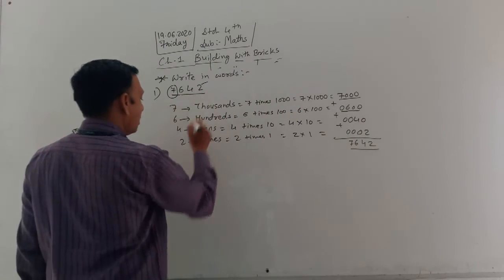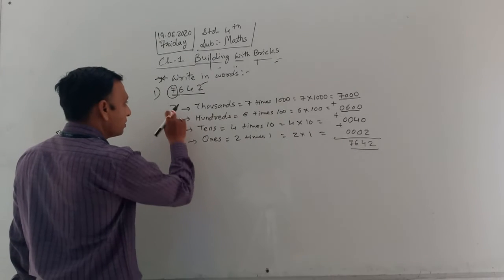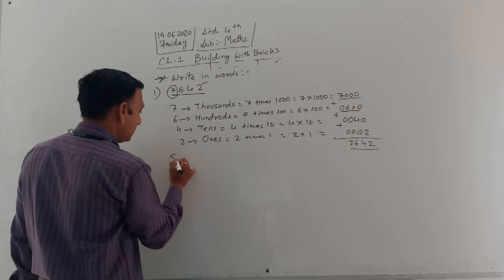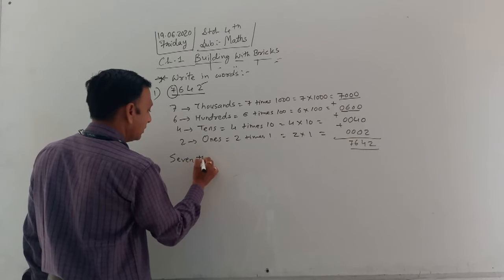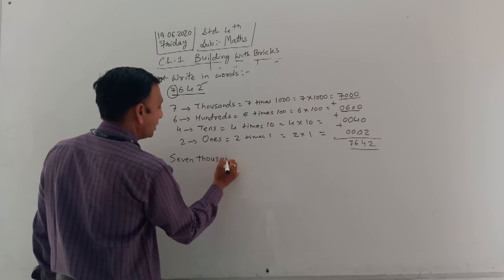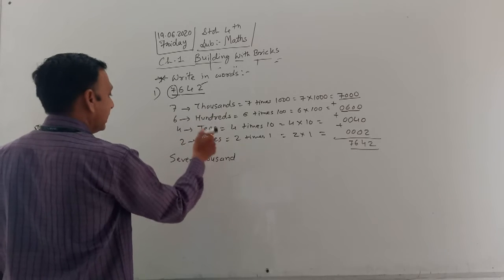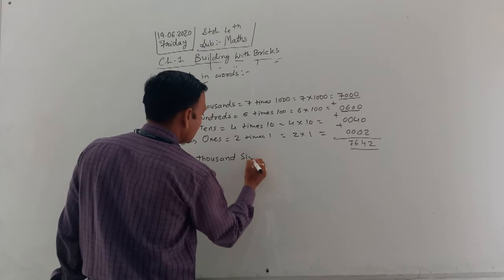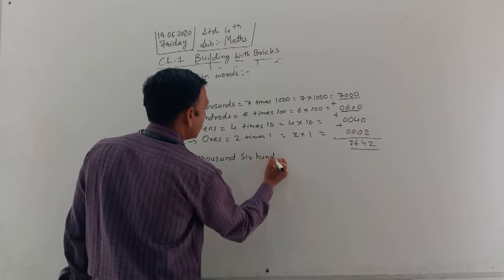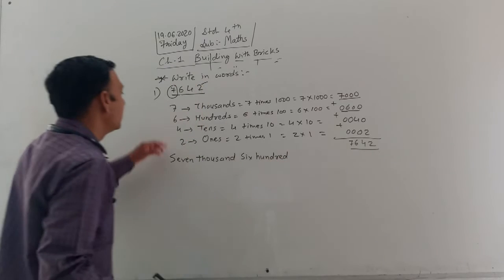It means that to write it in words: 7,000. Now after 7,000 what comes? 600.